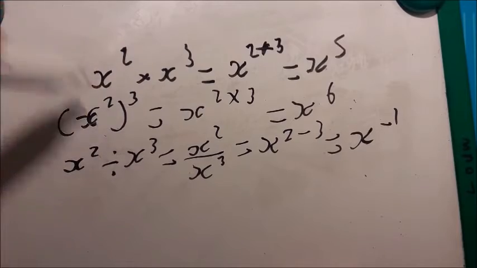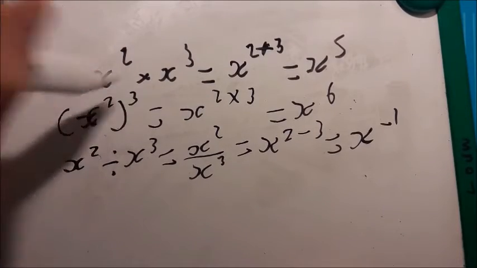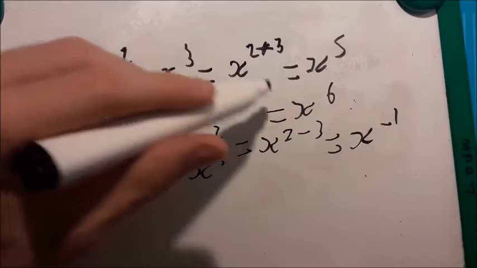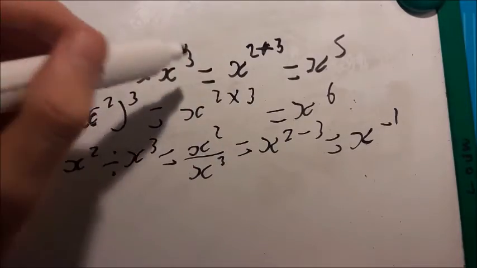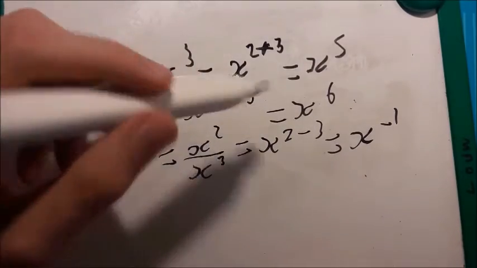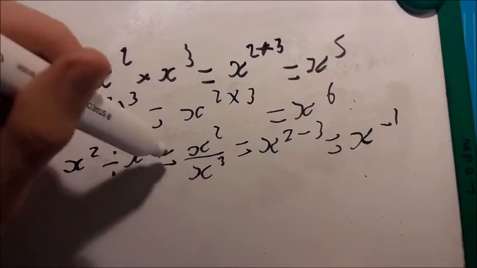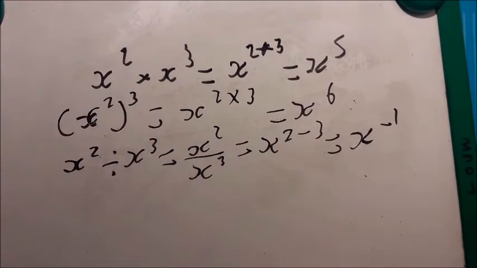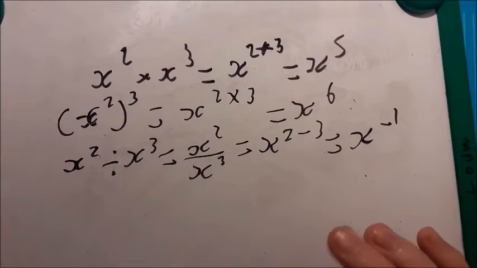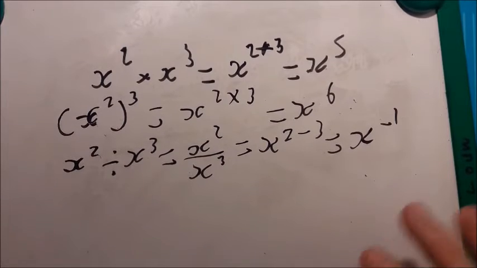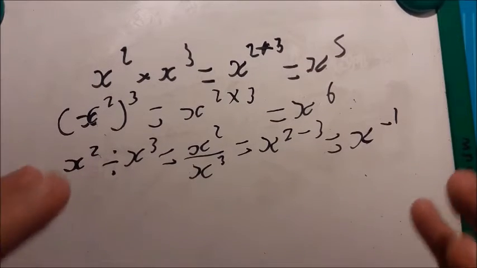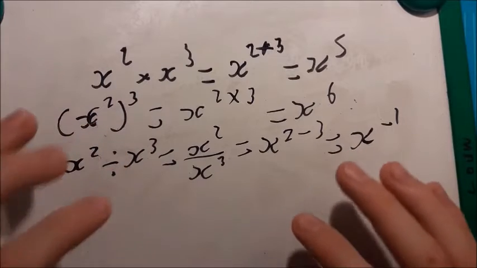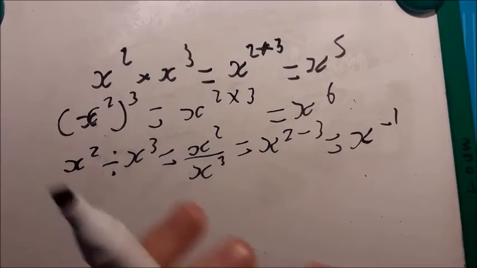And if you have them in brackets, then you multiply, 2 times 3, or whatever the exponent or power numbers are. And then with dividing, you subtract the 2 power numbers. Okay, so now we're going to have a really long sum, like the one we had before, but we're going to need these exponential laws to simplify it even further.